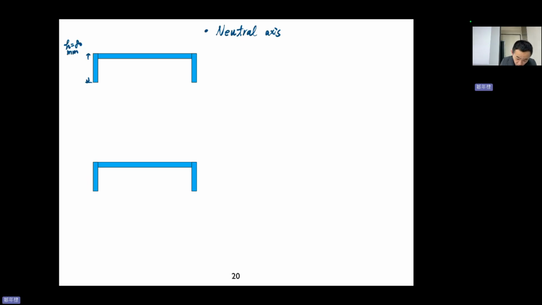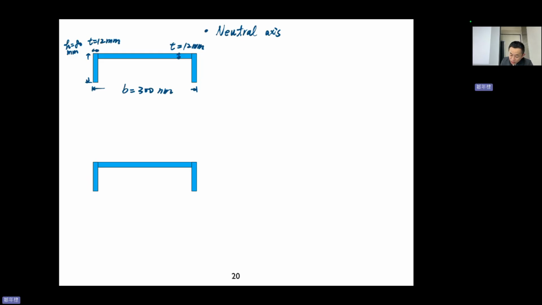And the thickness t is 12 millimeters. So this is the problem we gave you. The problem gives us the information. Of course, this is also the thickness t equal to 12.